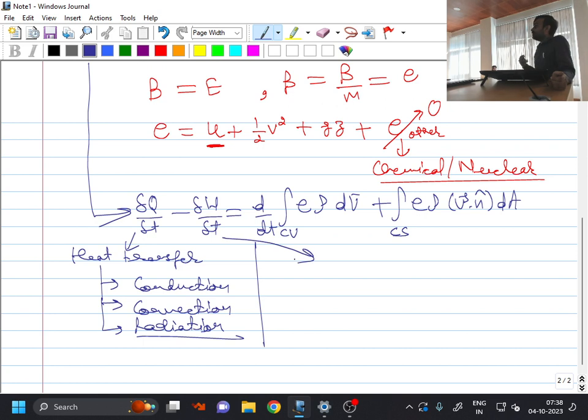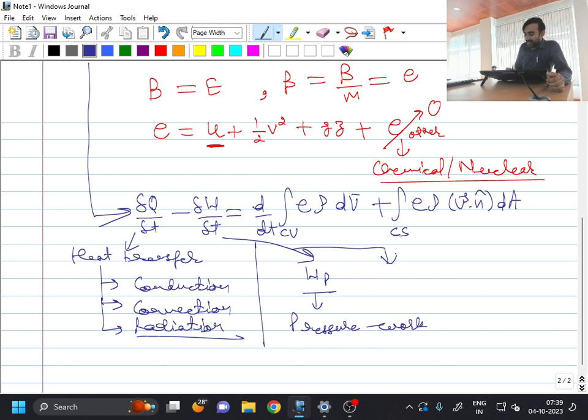Then the next part: we have the other quantity, work. Can you tell me what the different possibilities for work are? One will be work because of the surface forces. What are the surface forces involved in our system? The surface forces involved are the pressure force, so one will be work because of pressure force, which I can simply call pressure work.